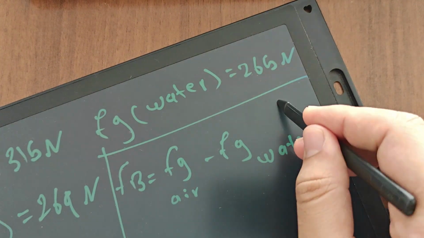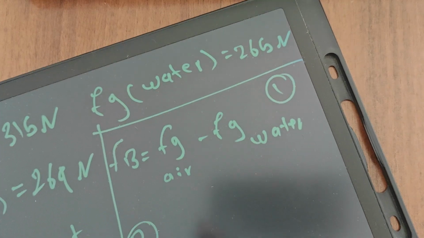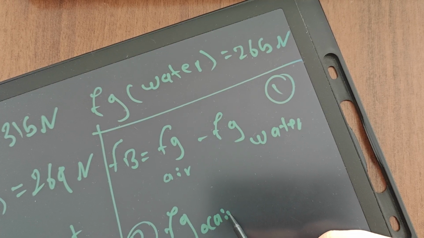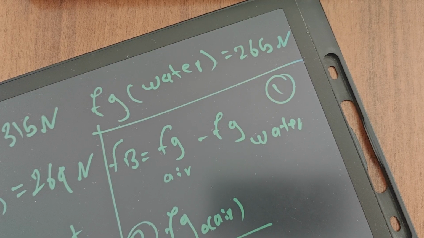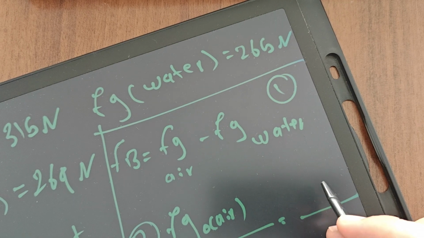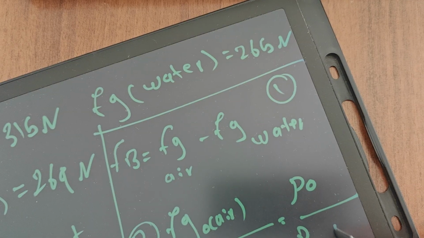Then this is the first. Another rule that we also studied: Fg object in air over buoyant force is equal to density of the object over density of the water.